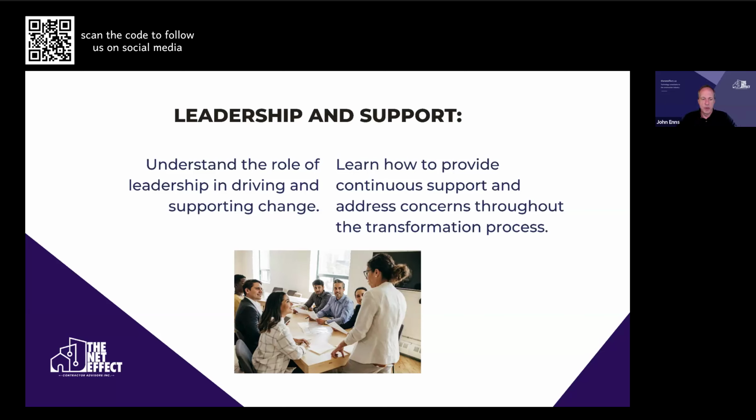I'll just go back to change champions, or champions of digital adoption. It's important to find those early and get them to work with the other people, because they're into it. They're going to figure it out, and then they're going to help the other people in the office or in the organization. It's the same as, I don't know if anyone here is familiar with lean construction. It's a whole new way of doing things.